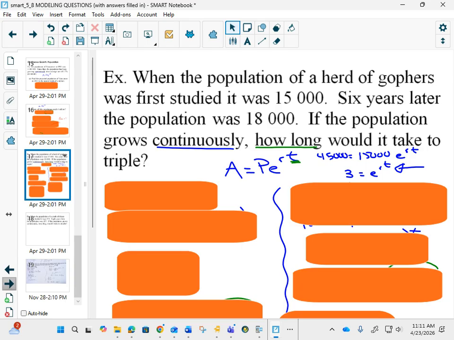It doesn't tell me anywhere in the question at what rate the population is growing. So there's two things in the formula I don't know: r and t. When there's two things that you don't know, you have to find one of them first. And if the question says find t, most likely you can't find t first. You're going to have to find r first.